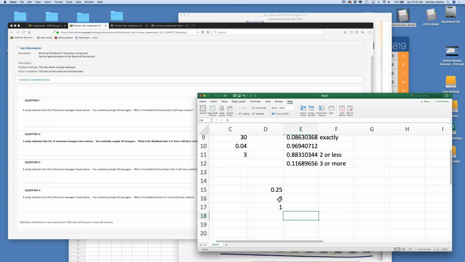The trials is 3, the number of successes is 1, the probability of any individual being diabetic is 0.25. You use that function. But on the other hand, if I asked you instead, you take a sample of 3 people, what's the probability that all of them are diabetic?